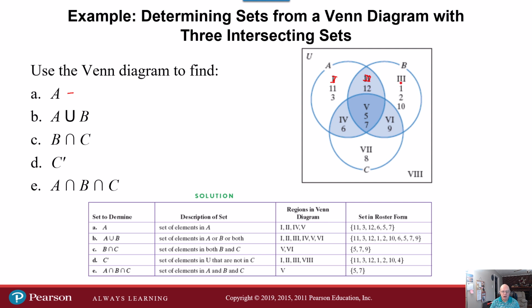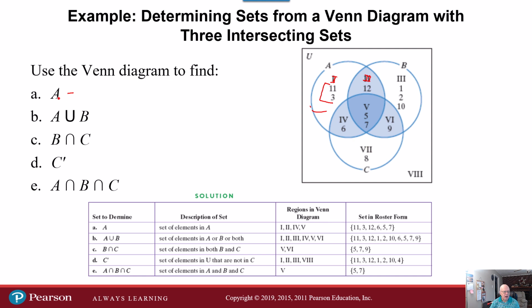Those are not elements in that part of the set. So in this part right here, this part that's A but not in the others, has two elements, 11 and 3. In this section down here, it only has 8. This VII only refers to the name of that section of the Venn diagram.